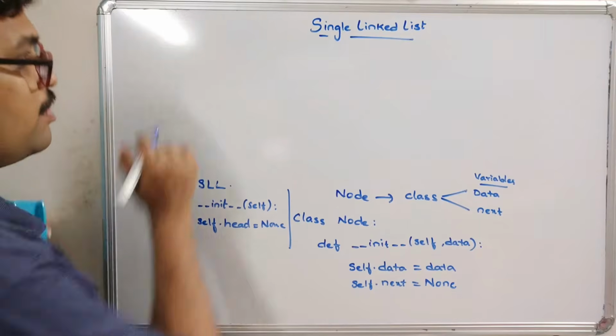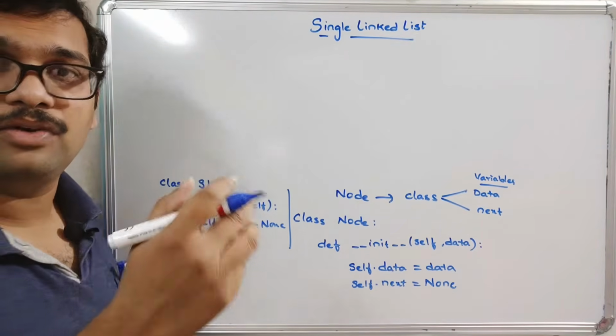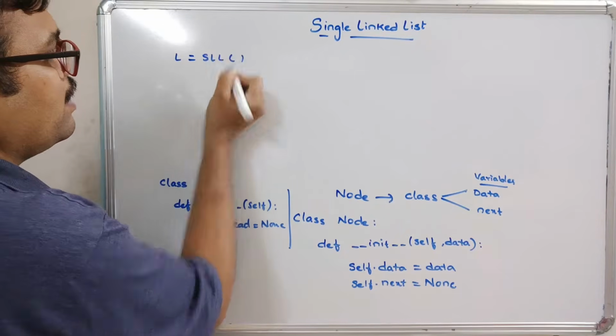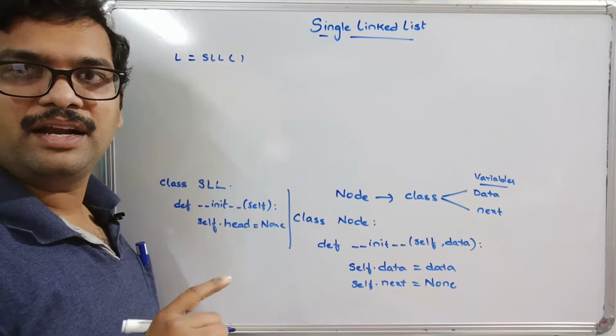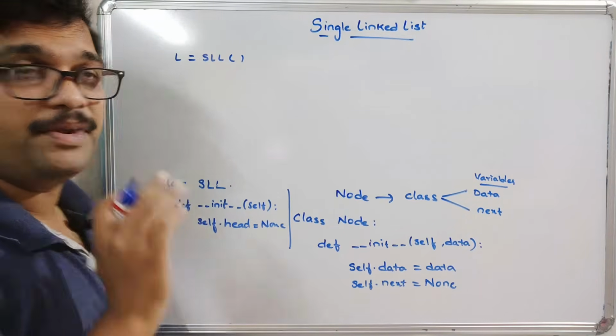For this we will create an object, because through the object we have to add the nodes. So I will give L is equal to SLL. One linked list is created and it is empty.